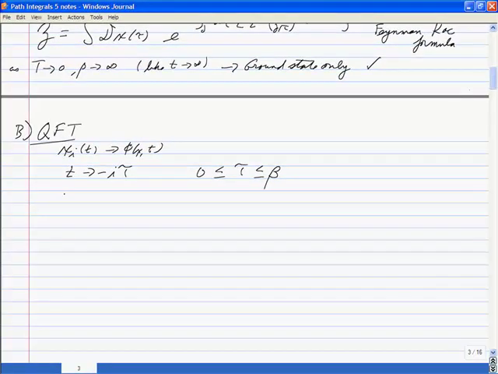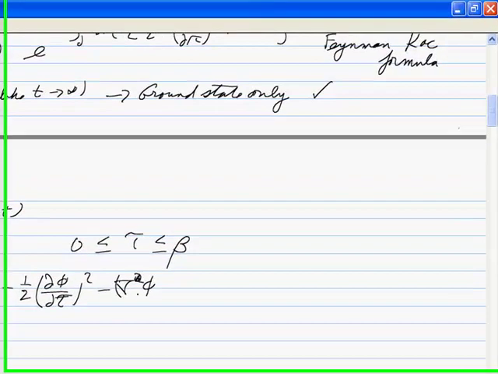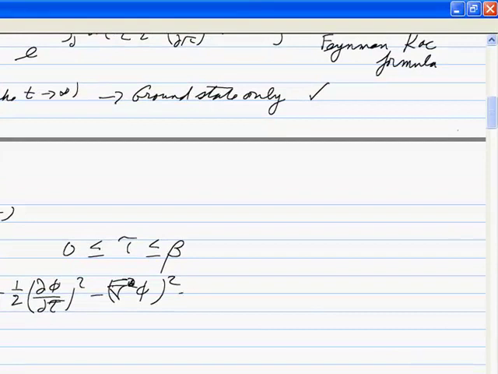And if you just do this, you take the Lagrangian plus j phi, it goes over to minus, I'm going to do the scalar, d phi d tau squared minus del squared phi, del phi quantity squared minus v of phi plus j phi.